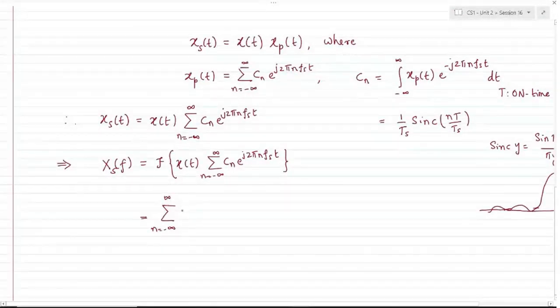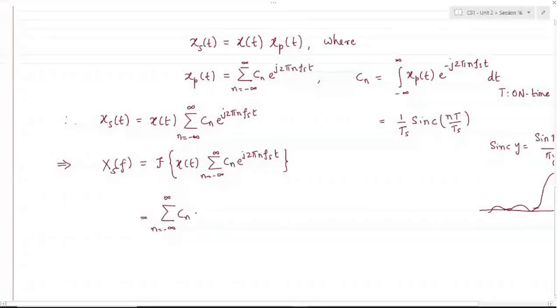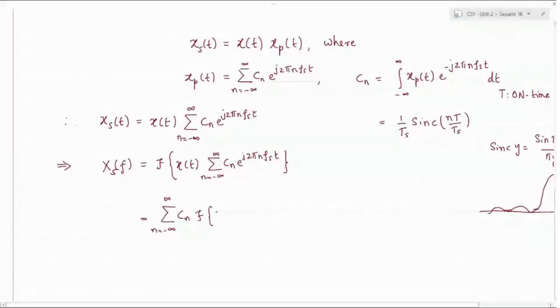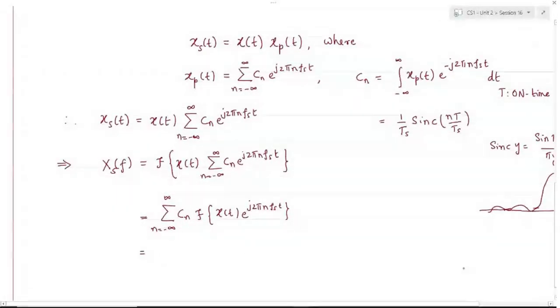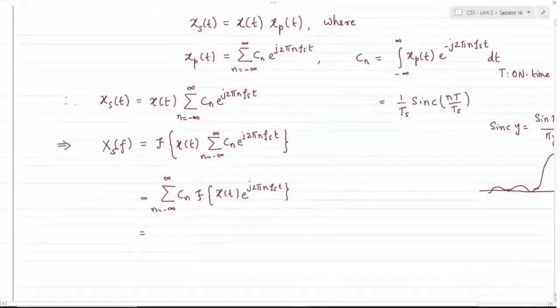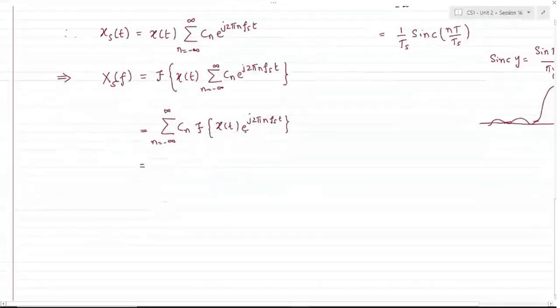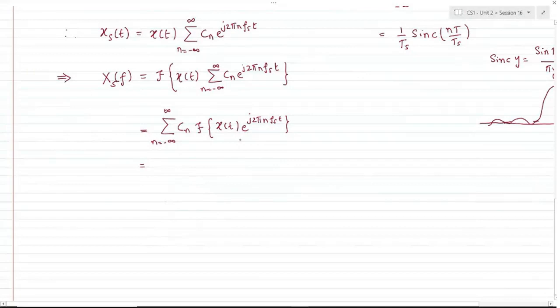And Cn is also a constant, so I can take Cn out, and this will be simply the Fourier transformation of x of t e power j 2 pi n fst. Now you know the frequency shifting property of your Fourier transform, where the signal x of t gets multiplied with an exponential.